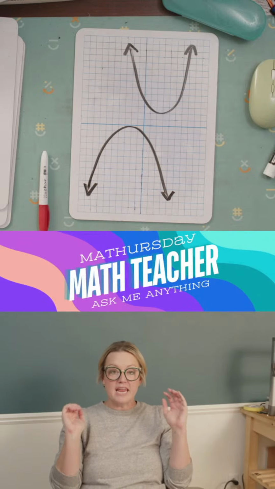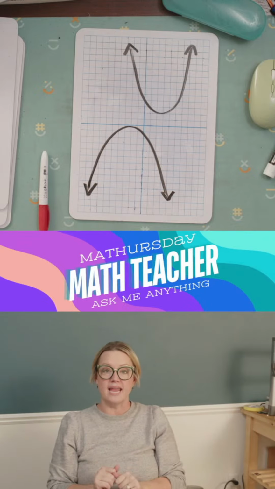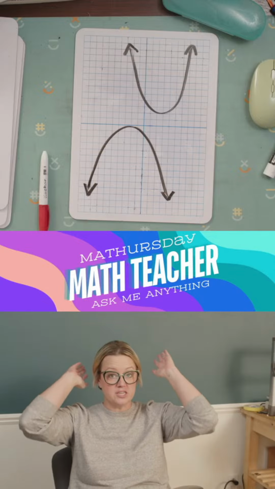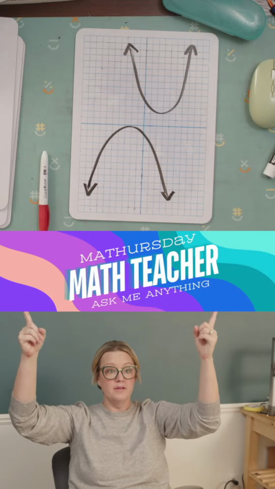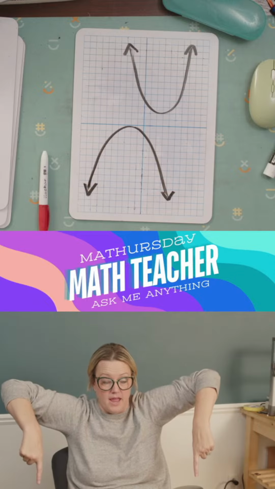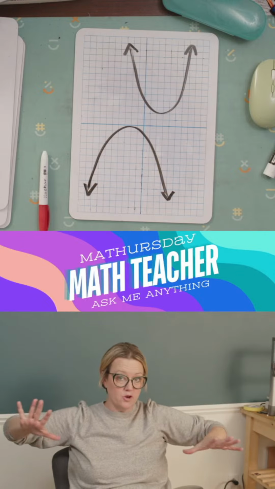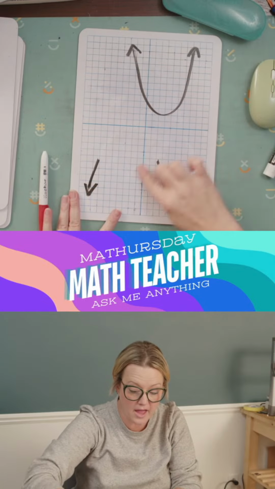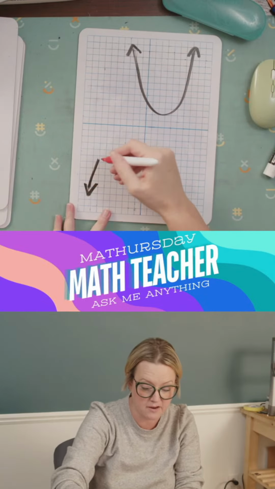So if it's an even polynomial, both ends are going to go in the same direction. If the leading coefficient is positive, they're going to be pointing up. If it's negative, they're going to be pointing down. That goes for any polynomial. Whatever's going on in the middle doesn't really make a difference.